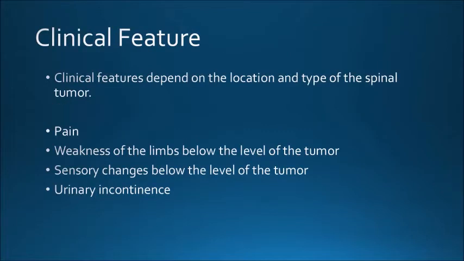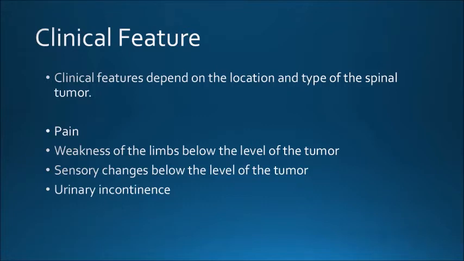And the clinical features. Generally, we divide the clinical features into three categories. The local symptoms, then we have the neurological deficits of the limbs, and in the last we have the sphincter. So these three can be the presentation: the local symptoms of the spine, then the deficits of the limbs, and then the urinary or fecal incontinence.